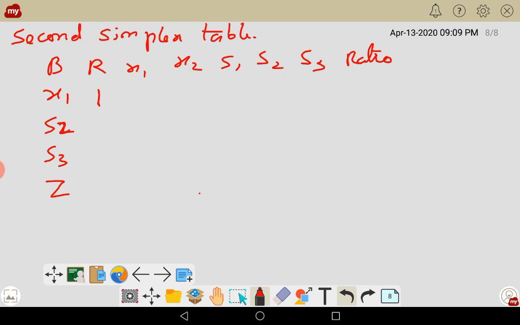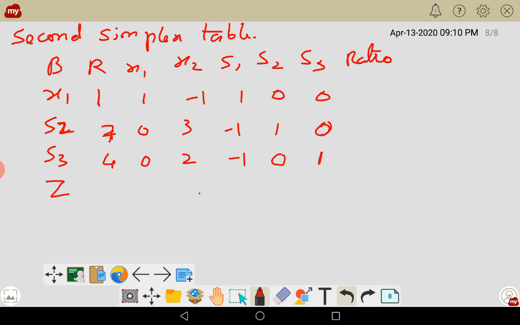1, 1. The matrix is filled here. 1, 0, 0. 7, 0, 3, negative 1, 1, 0. This is 4, 0, 2, negative 1, 0, 1.